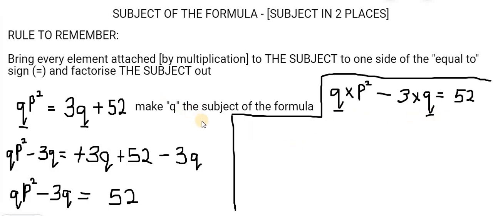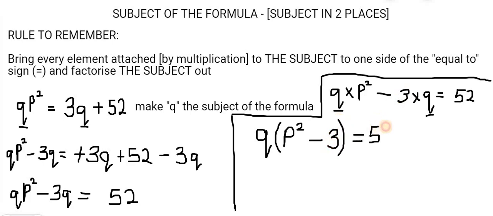So factorize, dealing with factors. So we take that factor out and I bring in what's left. On the left, it's just P squared, the minus, and on the right, 3. Now, are we done? No, because we want Q on its own.